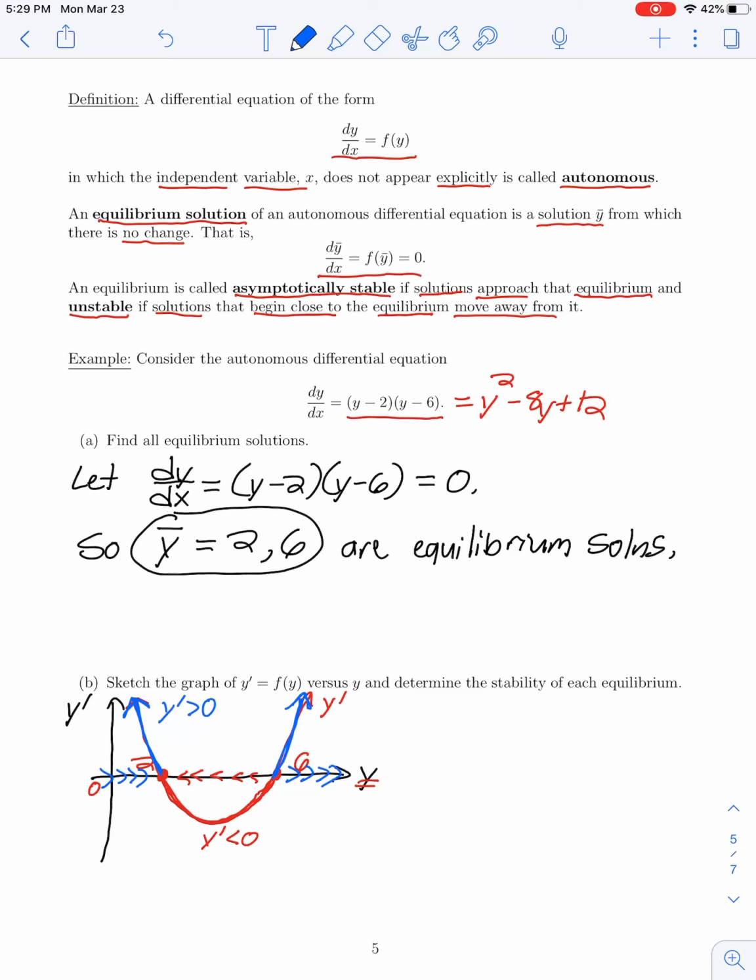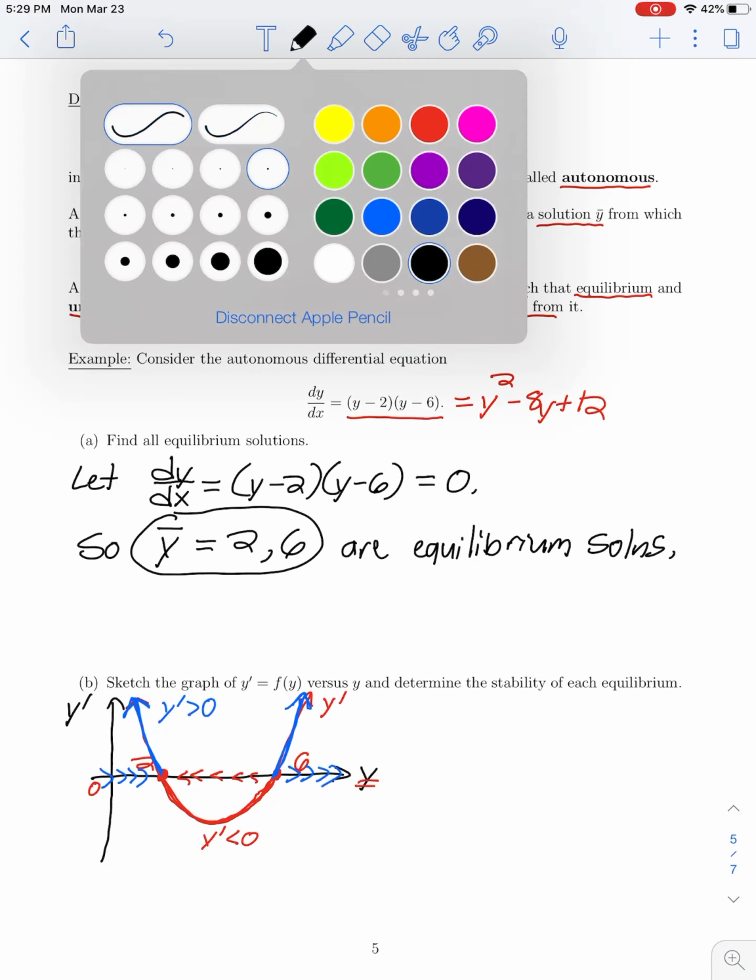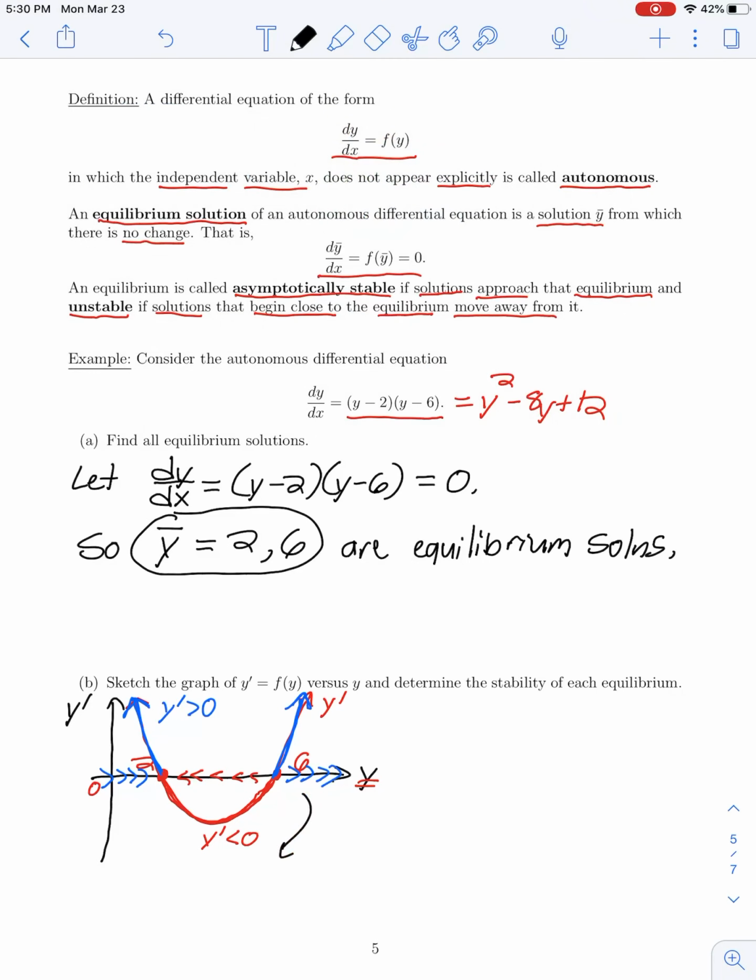And now let me examine just our y-axis here. It gives us the following information. We had equilibrium solutions at 2 and at 6. And we had shown that for values of y that are less than 2, our solutions are increasing. For values of y that are between 2 and 6, y is decreasing.